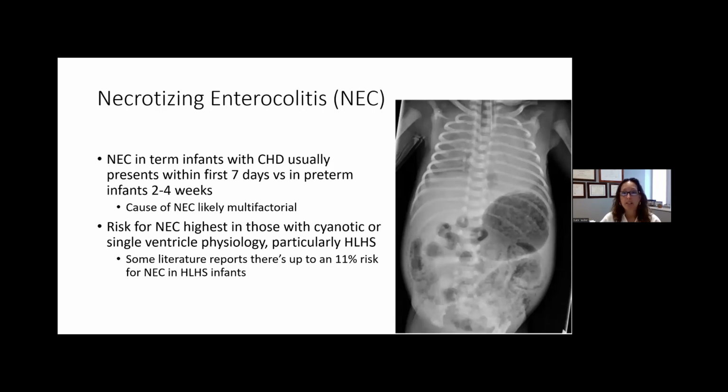So for those that aren't familiar with necrotizing enterocolitis, it's a more common condition in preterm infants, but it has an increased risk in infants with hypoplastic left heart syndrome. It usually presents in term infants with congenital heart disease within the first 7 days, versus in preterm infants, where we typically see this around 2 to 4 weeks of age. We don't have an exact etiology for the cause of necrotizing enterocolitis, and it's likely multifactorial. However, recent literature has suggested that an exclusive human milk diet does decrease the risk in our preterm infants for the development of NEC.